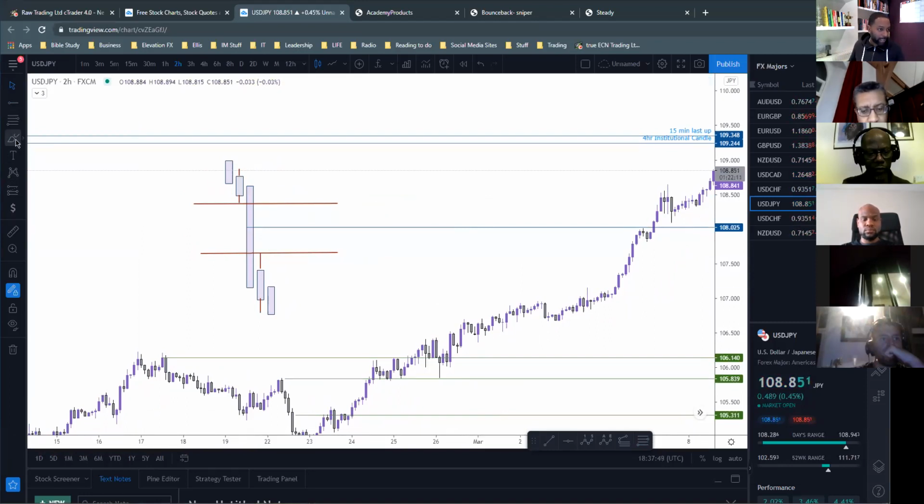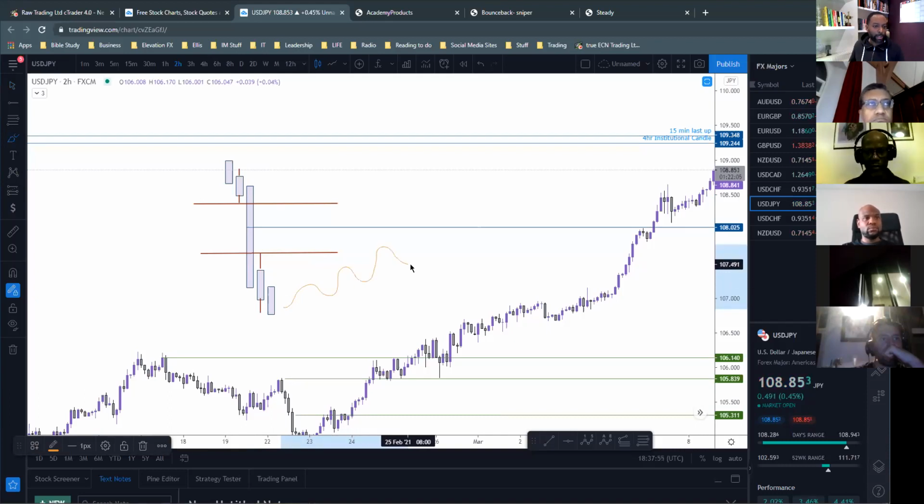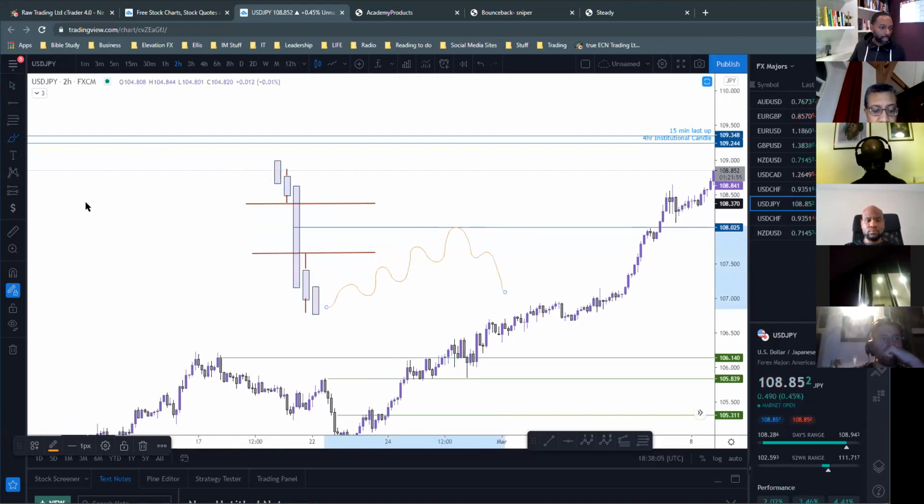If the market is making its way back up like this, it's quite common to see it bounce off the 50% and then move away, at least temporarily. And that is what we've been able to see on this setup that my son showed me today.